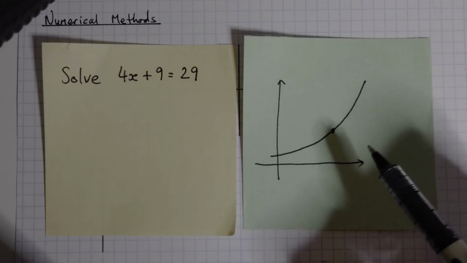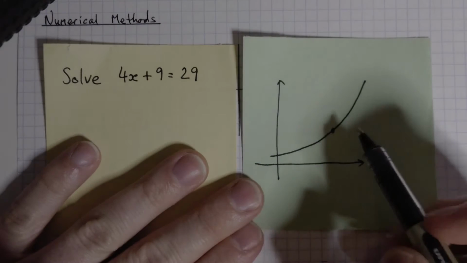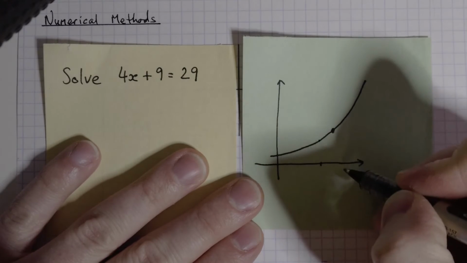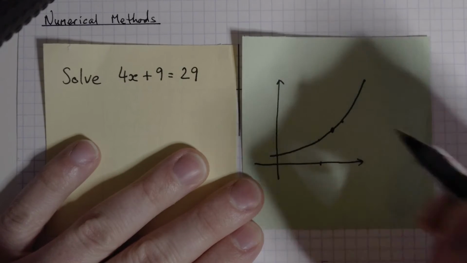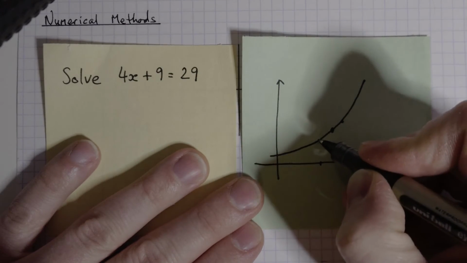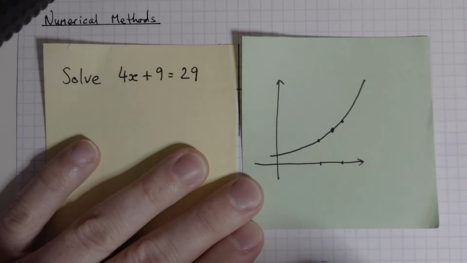An inexact method might be to draw a tangent and do change in y over change in x. But a numerical method might be to take a point either side, for example, here and here. And if I've never heard of differentiation, but I do know how to substitute into an equation, I could put these two x values into the equation.